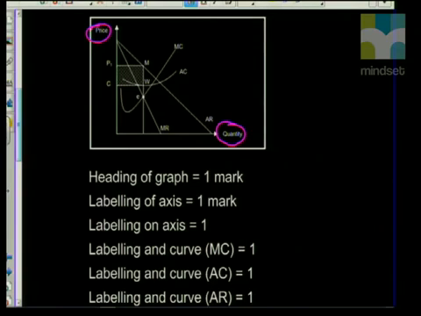Make sure that you indicate your average revenue curve, marginal revenue curve, marginal cost curve, as well as your average cost curve. And then the most important part would be to indicate that the economic profit will happen in this area.